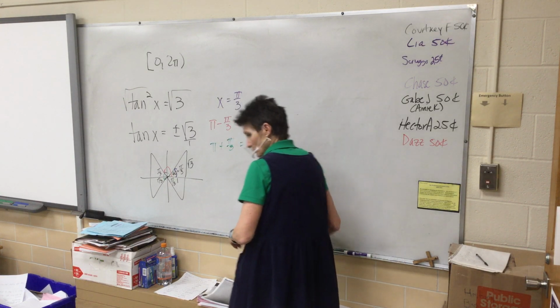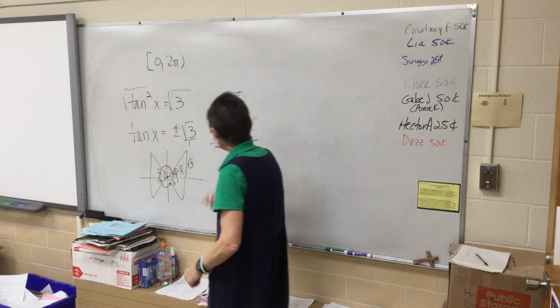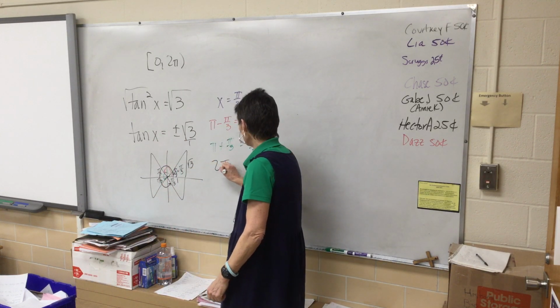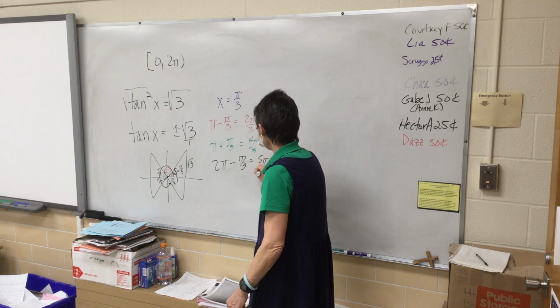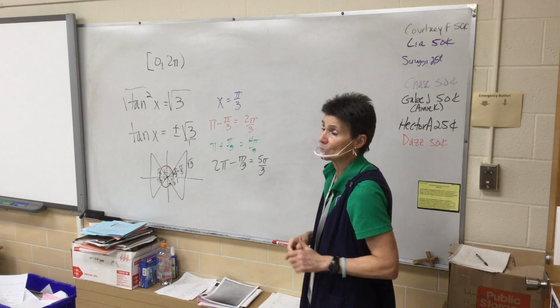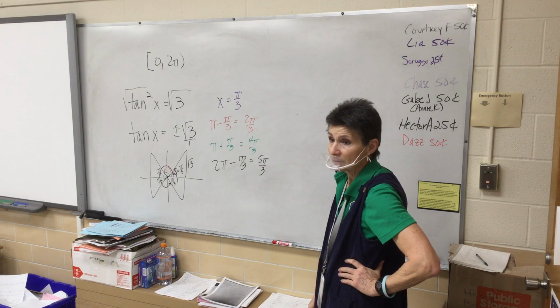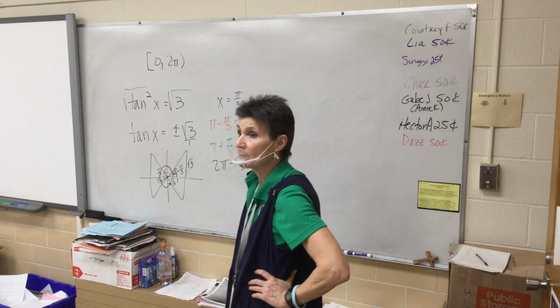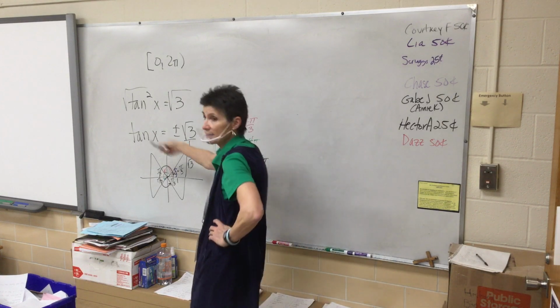And then I'll just do it black. My big black angle, which is 2 pi minus pi over 3, or 5 pi over 3. So there are your 4 answers to that problem. All 4 of them, yep. Because plus or minus makes it everywhere.